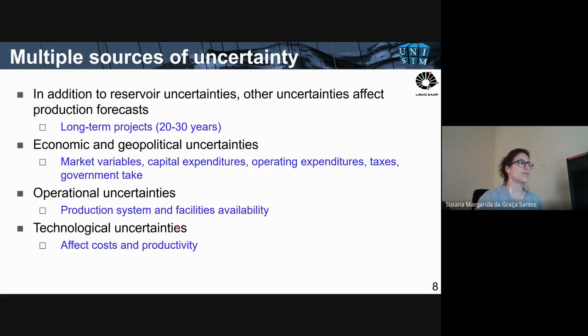And the class we're talking about technological uncertainties. Okay, this is also something a bit more difficult to incorporate in the process, and we're not going to talk about them today. Just an idea is that the technology I have today may not be enough to explore some resource.